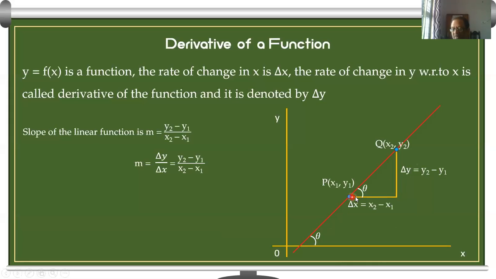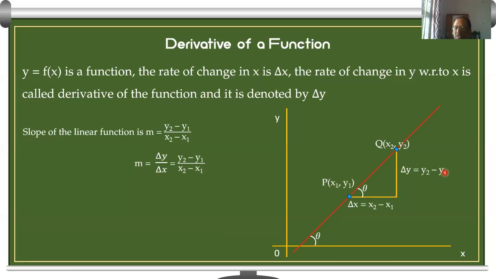Now the distance between these two values, suppose it is r. The x value should be the same. Therefore, the difference between the x values is x2 minus x1, and in the vertical line the horizontal value is the same, there is no change. Therefore, the change in y values is y2 minus y1.